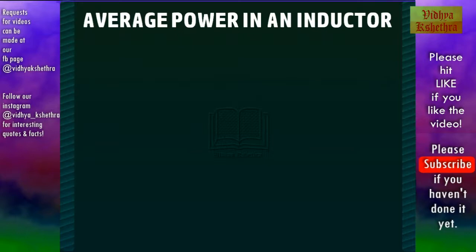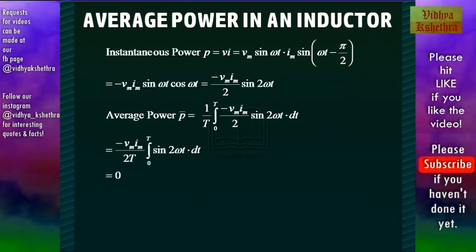Now we can find the average power in an inductor. The instantaneous power P is given by the product of voltage and current, that is equal to Vm sin omega t into Im sin omega t minus pi by 2. Now sin omega t minus pi by 2 can be written as negative cos omega t.